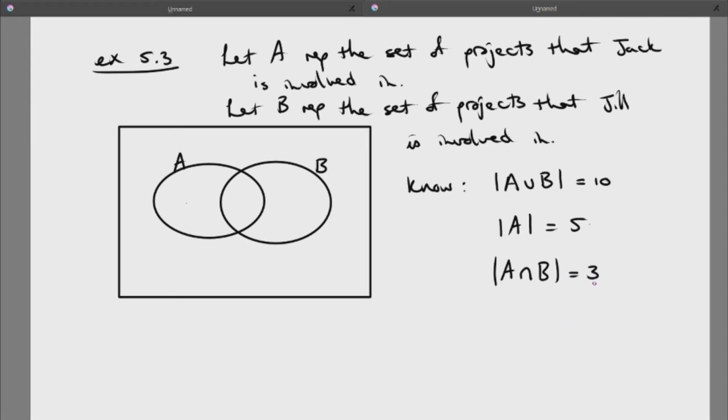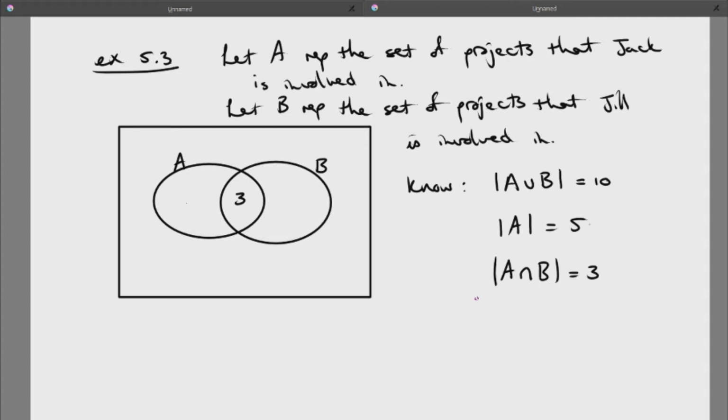Does that 3 correspond to a single region? It's the middle. So I'm going to write that in. Now, can I fill in the number for another single region? What can I fill in?